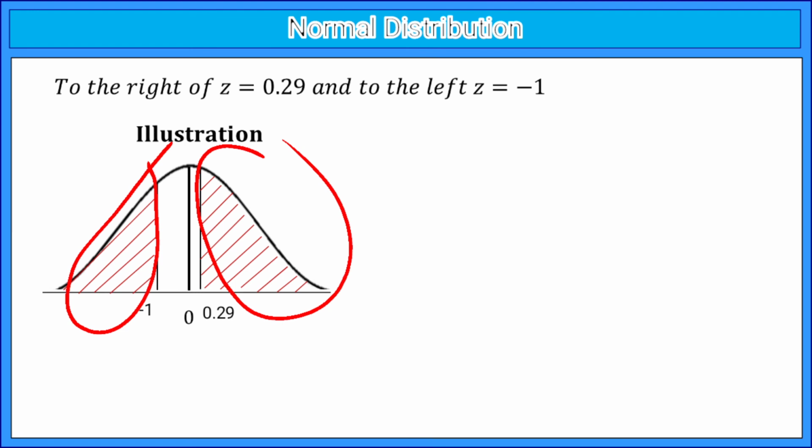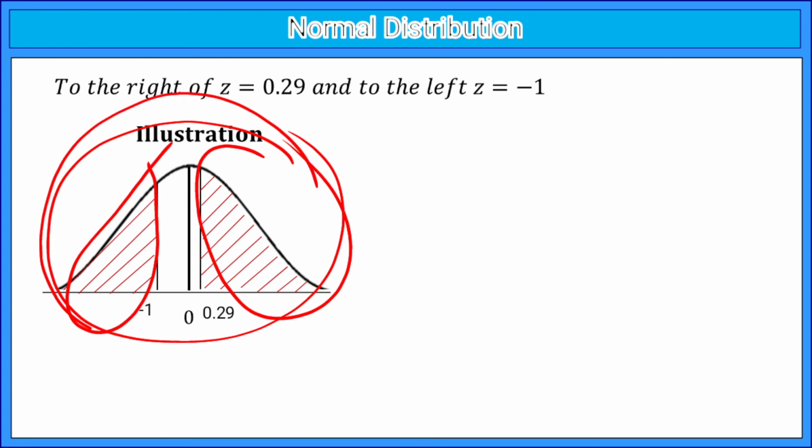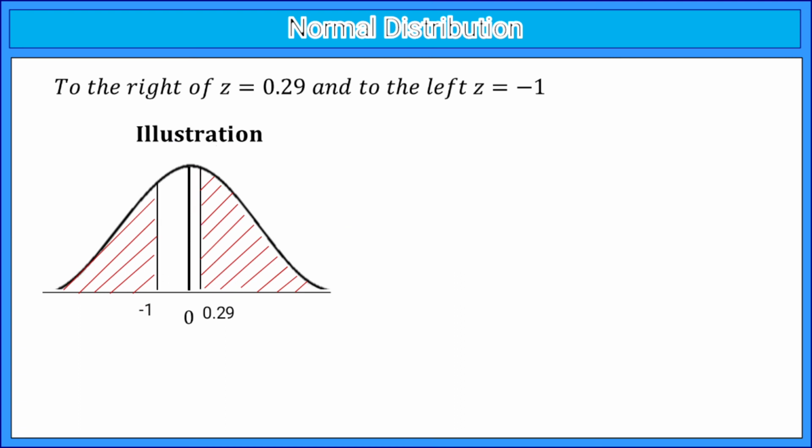Since we already have two values, we're going to get the sum of these once we find the values from the standard normal distribution table. But I will also inform you that we use the whole part of our standard normal distribution. So this time, we are going to subtract the sum of these two areas from 1, because we already used 100% of our standard normal distribution diagram here.